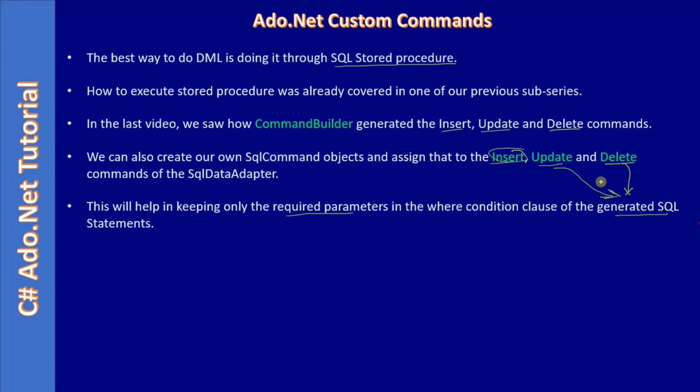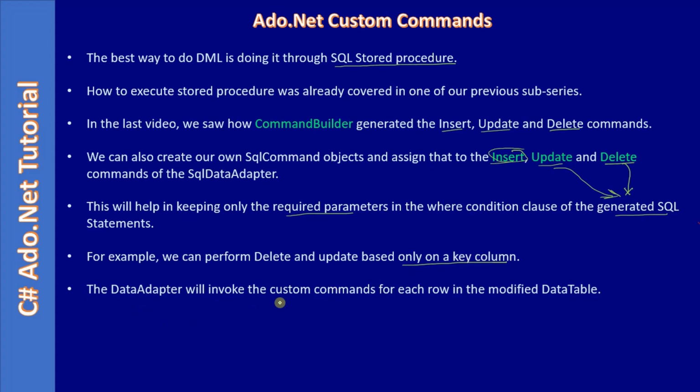That way the where clause of the generated SQL statement will have only the required parameters. So we are overriding the SqlCommandBuilder generated update and delete with our own version. For example, we can perform delete and update based only on the key column. So that's what we are going to do.